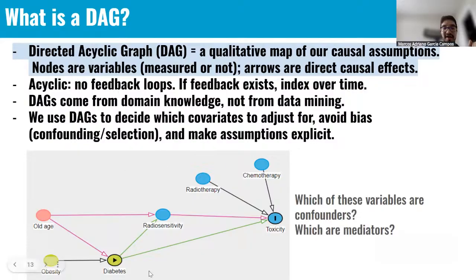So when I draw that, I can see clearly which one is a confounder and which one is a mediator or collider. So a question for you: which of these variables can I call a mediator? Can someone tell me?